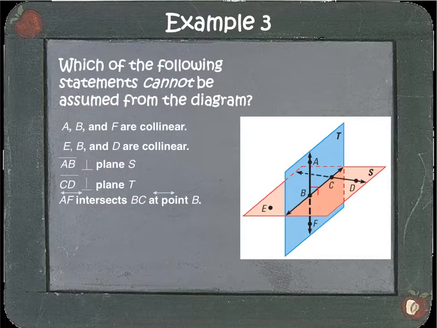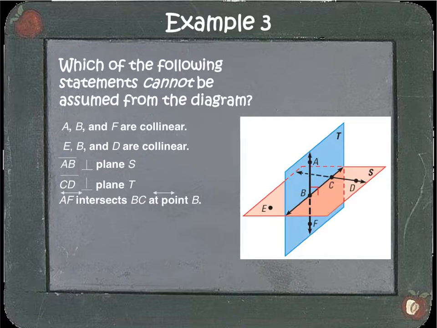Example 3. Now, it's asking us which of the following statements cannot be assumed from the diagram. Now, we're not assuming anything. It has to have markings that are going to match with the postulate. So, are A, B, and F collinear?